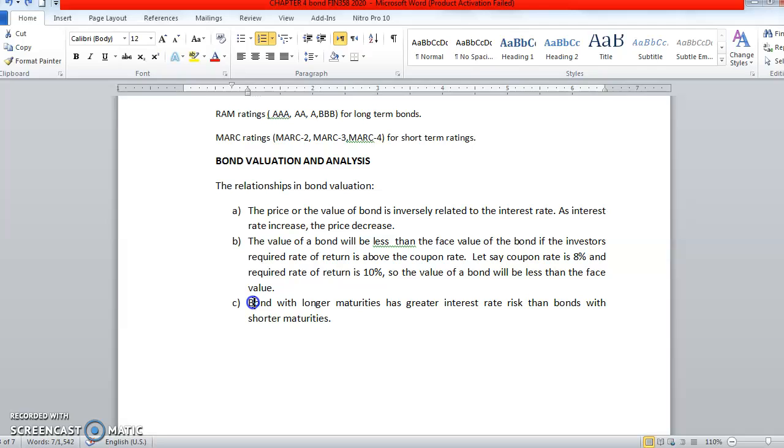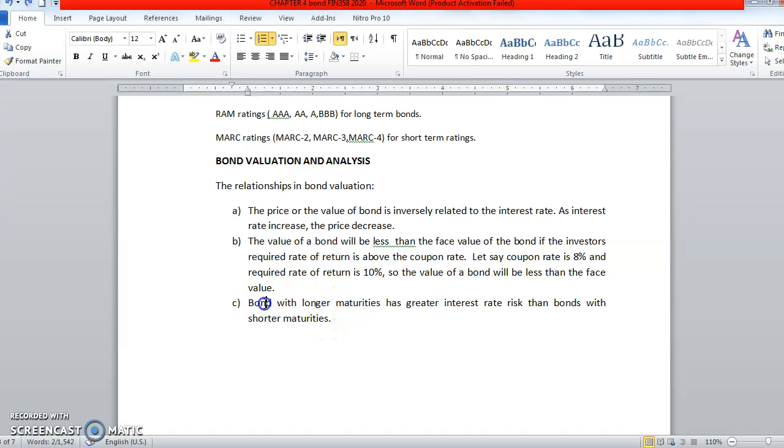And the third one is that a bond with longer maturity has greater interest rate risk than bonds with shorter maturities. If the bond has up to 20 years maturity, especially if it's issued by the private sector, of course it is high risk compared to a bond with shorter maturity.